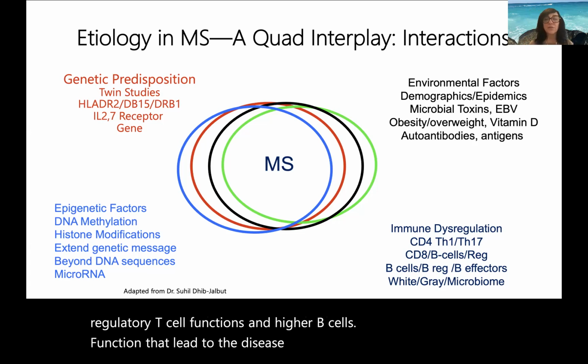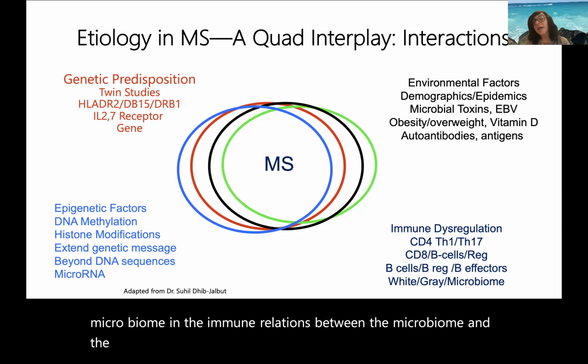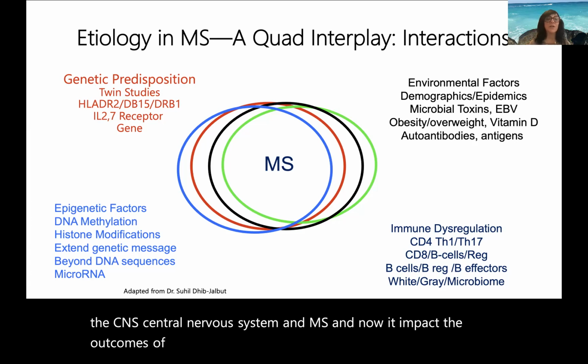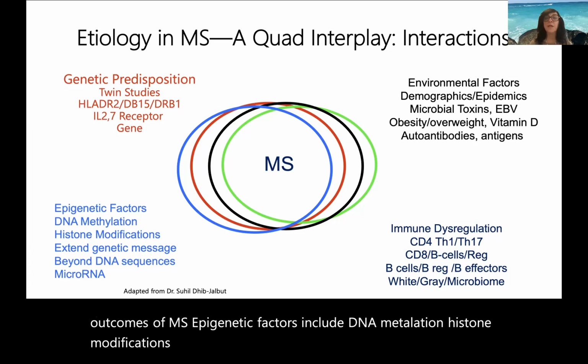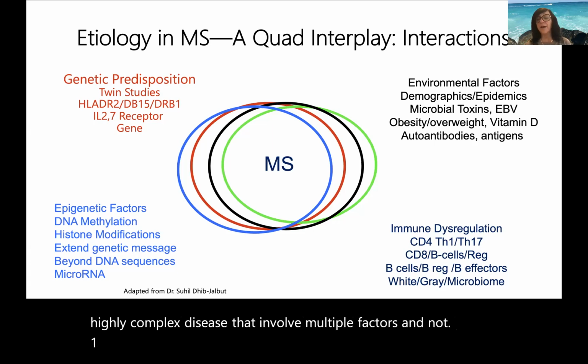And today, we also talk about the microbiome and the immune relations between the microbiome and the CNS, the central nervous system, and MS, and how it impacts the outcomes of MS. Epigenetic factors include DNA methylation, histone modifications, microRNA, and others. So definitely a very highly complex disease that involves multiple factors and not one gene or one environmental factor.